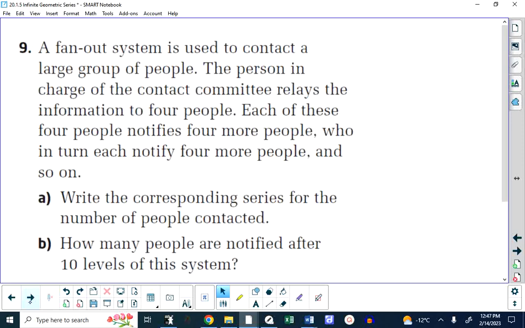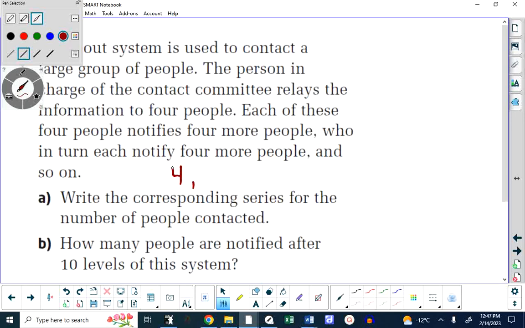In my mind, and this is a little ambiguous, which means I can see how you would interpret it differently, that person is the boss, and he or she has not been contacted by anyone. They're the person who decides on the decision. So in my mind, the first term is 4.